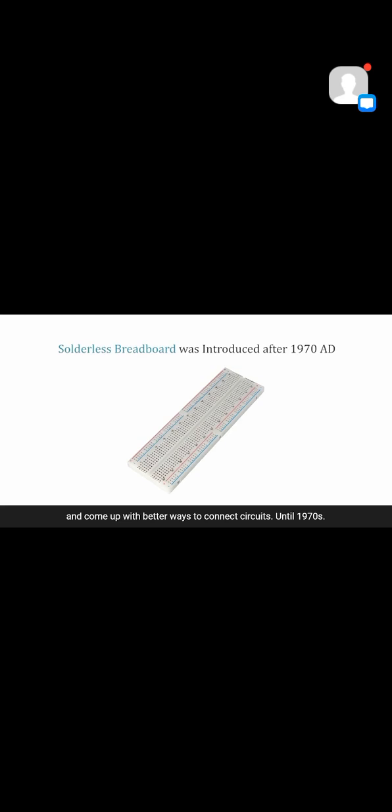They would start connecting wires onto the breadboard to give themselves a platform onto which they could build a circuit. Since then, electronic components have gotten a lot smaller and people came up with better ways to connect circuits, until the 1970s, when the solderless breadboard became available. Nowadays, the term breadboard is commonly used to refer to these.